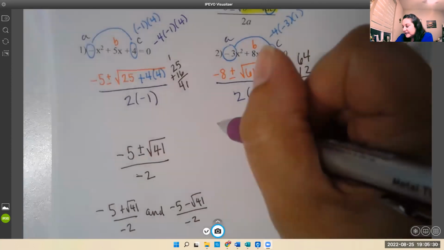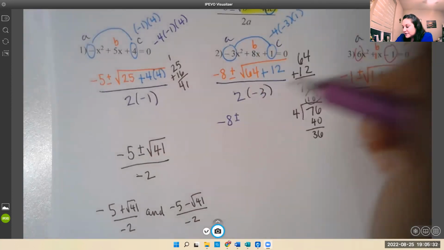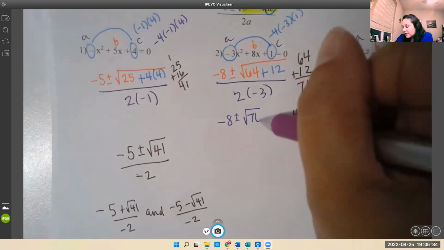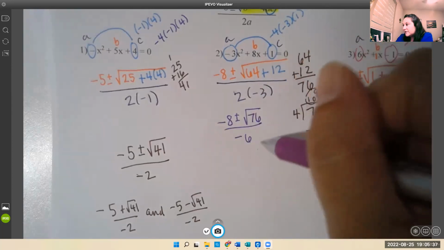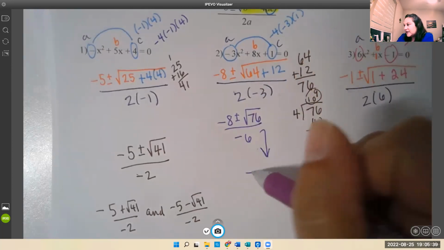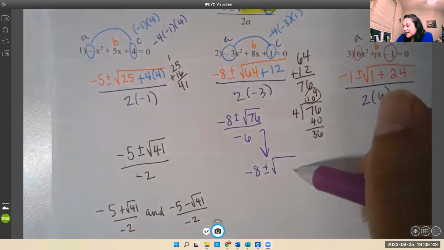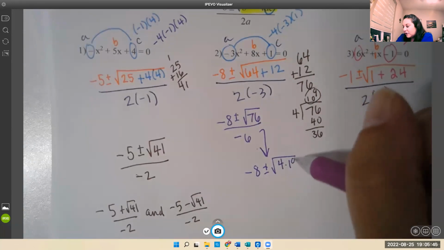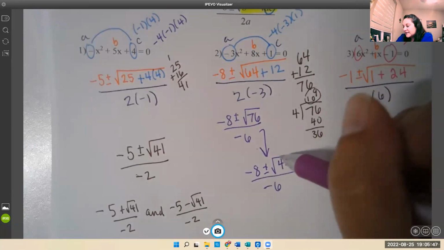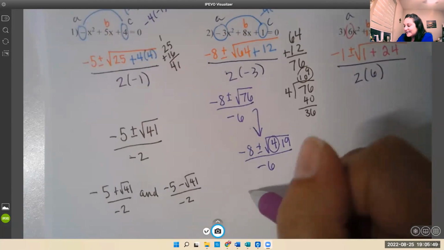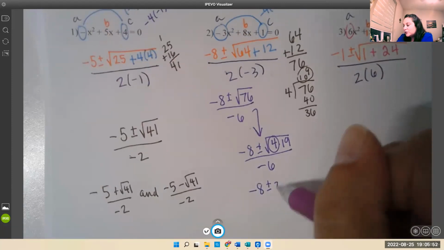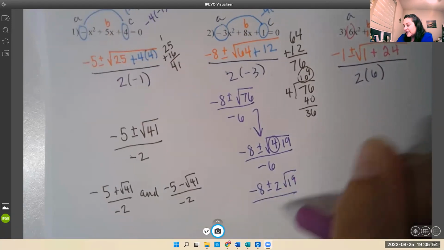So this is -8 plus or minus the square root of 76 all over -6, which changes into -8 plus or minus the square root of 4 times 19 all over -6. And then this turns into -8 plus or minus 2 root 19 all over -6.